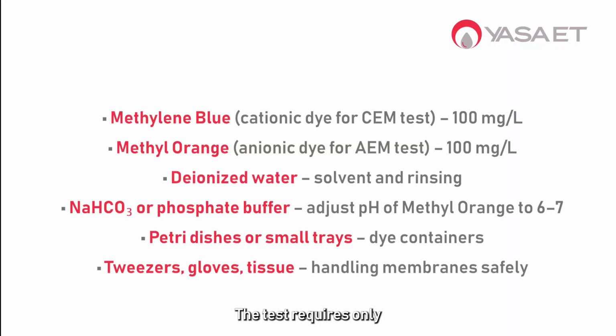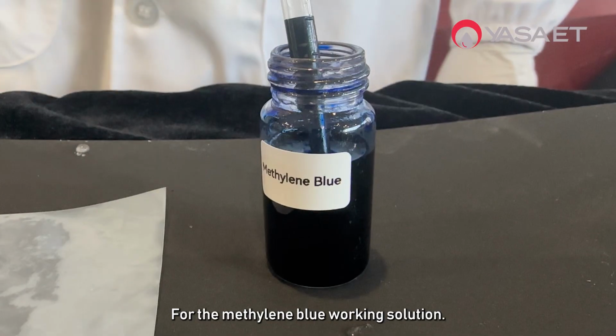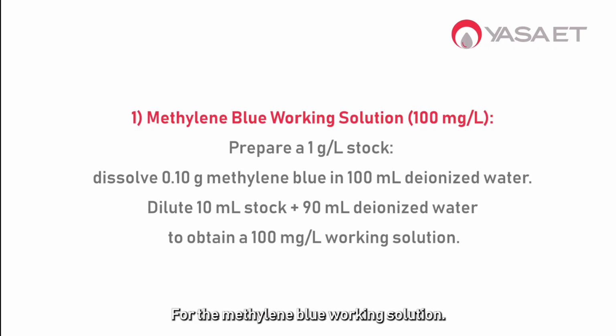The test requires only basic laboratory materials: prepared dye solutions, deionized water, simple containers, and standard handling tools. For the methylene blue working solution, prepare a 1 gram per liter stock. Dissolve 0.10 grams methylene blue in 100 milliliters deionized water.